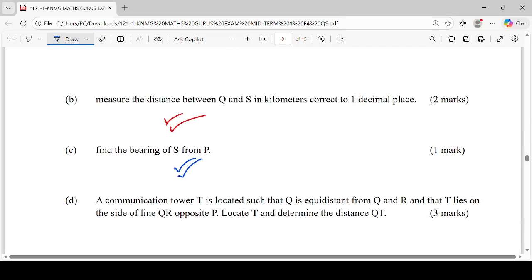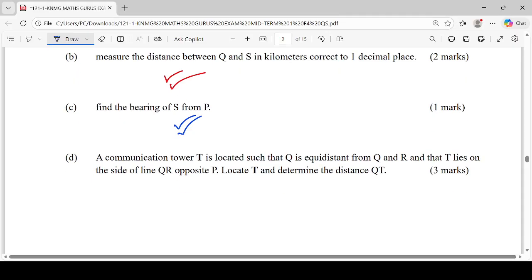Part D, a communication tower, T, is located such that T is equidistant from Q and R, and T lies on the side of QR opposite P. Let's look at that.